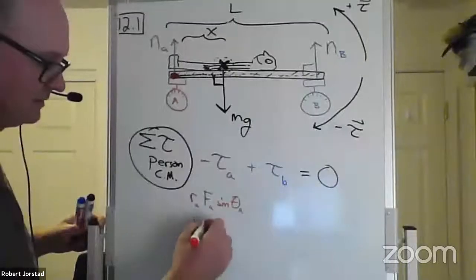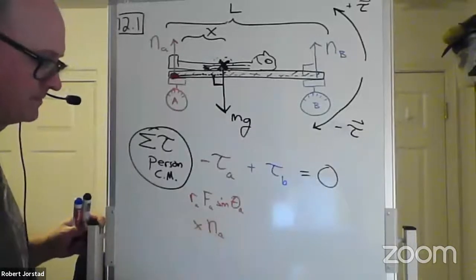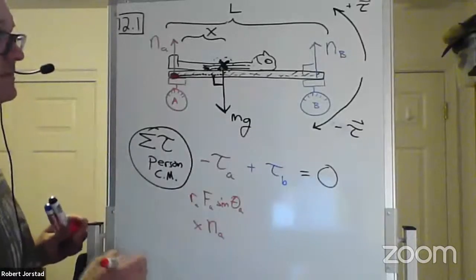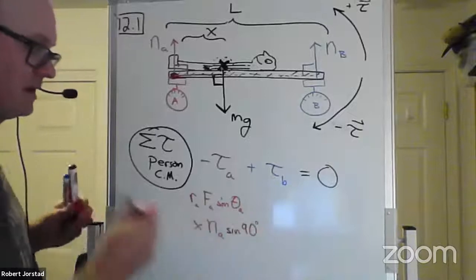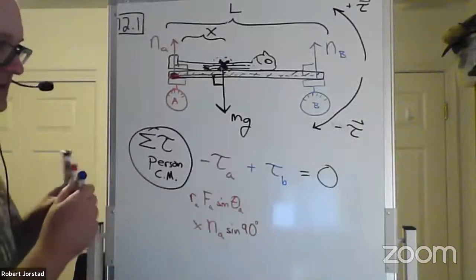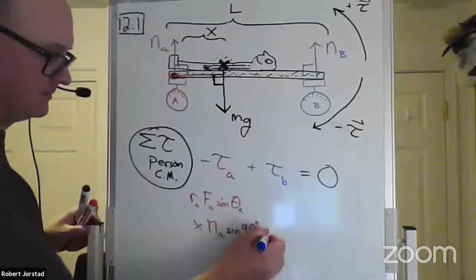Yes. What's the angle? Is it 90? Yes. Got it? Yeah. Okay. Gonzalo, do you agree? You good with that? Yeah, that's what I was thinking, and I get why it's X now.